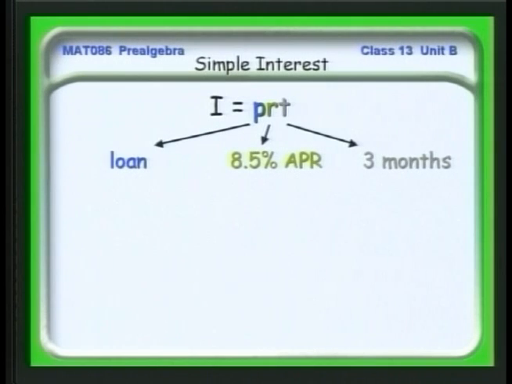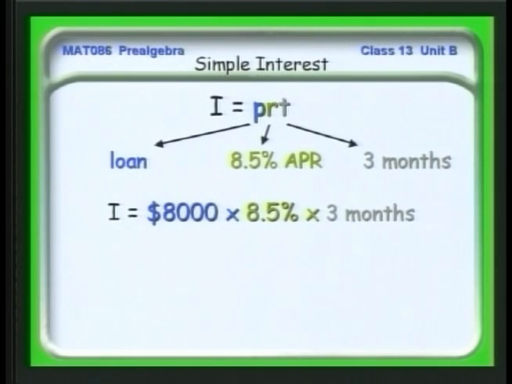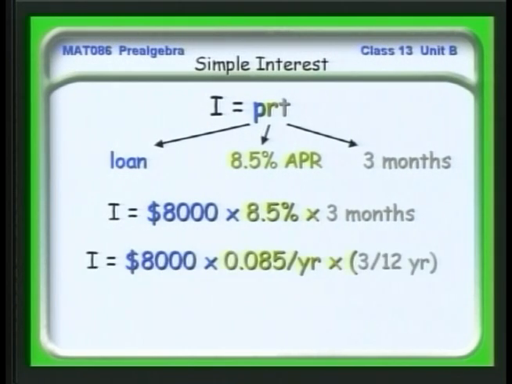And now it's not a year, it's 3 months. Making this into an equation, the interest is 8,000 times the percent times 3 months. We're dealing with years because the APR, the first word in APR is annual. We need to express 3 months as a year. I do it this way.